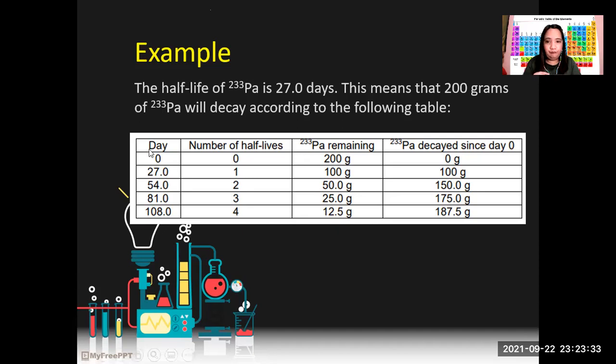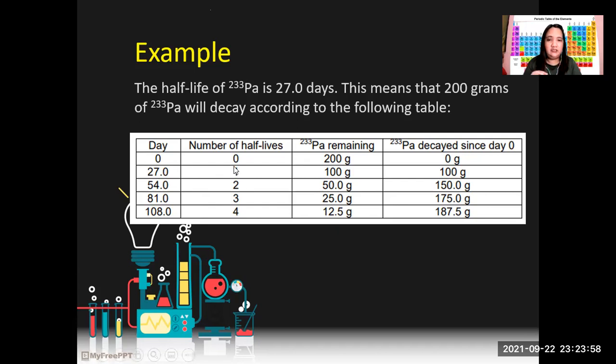For example, initially at the onset, day 0, the number of half-lives is none yet. So the amount of Pa remaining is 200 grams, because we started at 200 grams and nothing has decayed yet. But after 27 days, because the half-life of Pa-233 is 27 days, that will be the first half-life.